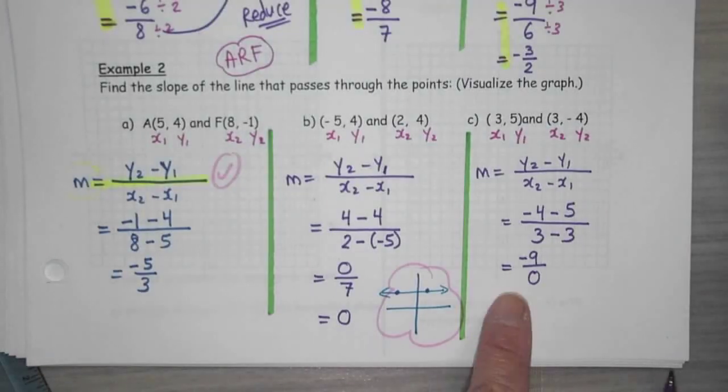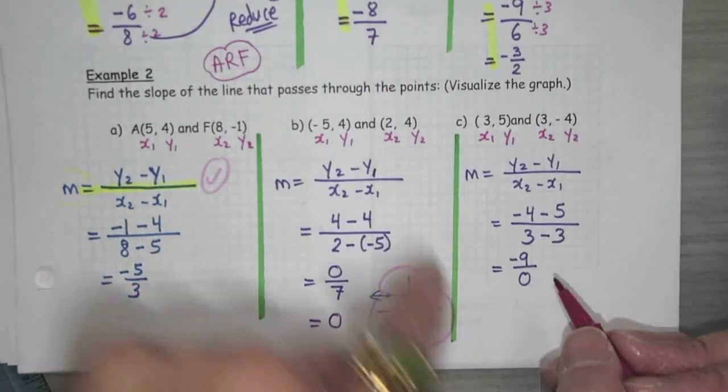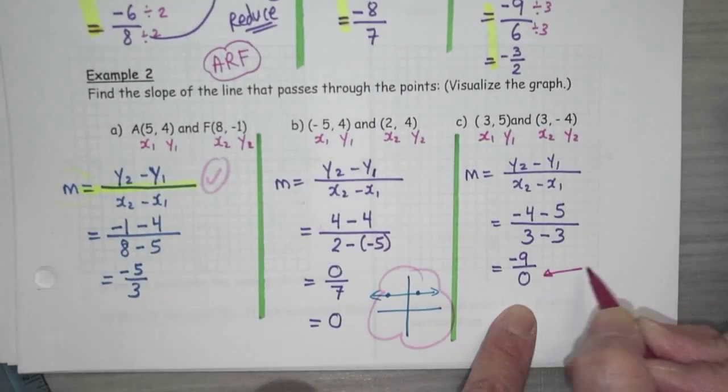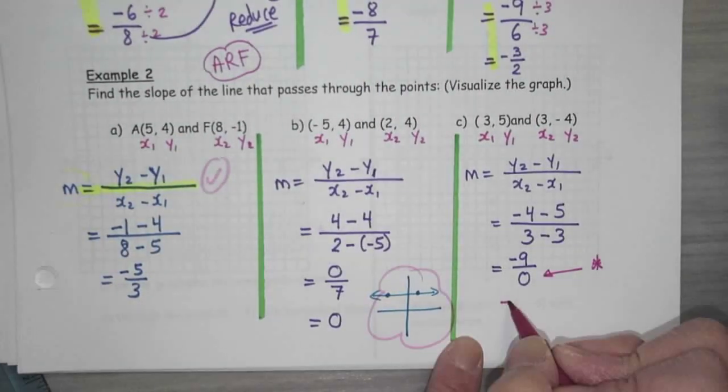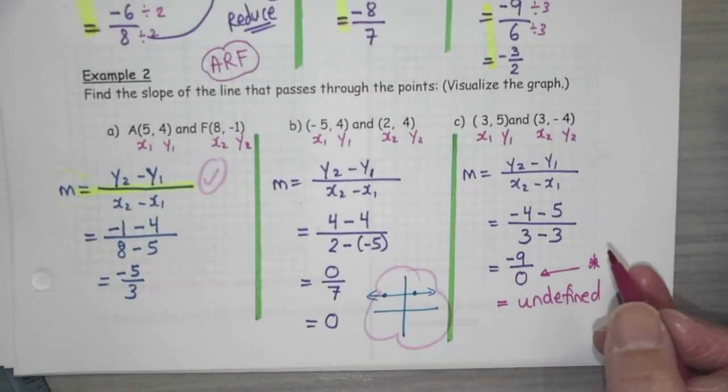Now this one here, I can't divide 0 into anything. So 0 in the denominator is going to get me undefined. My slope is undefined.